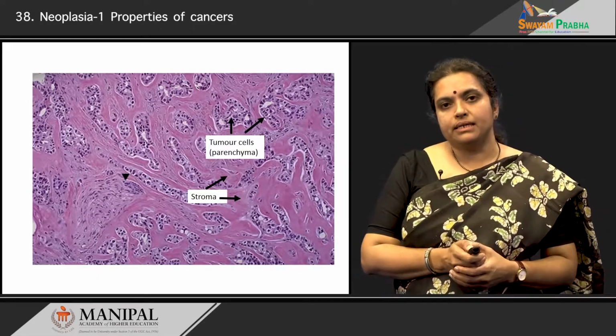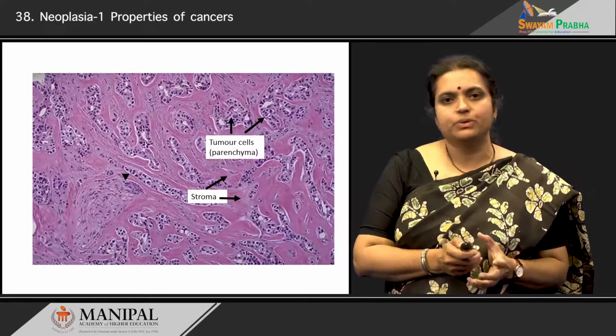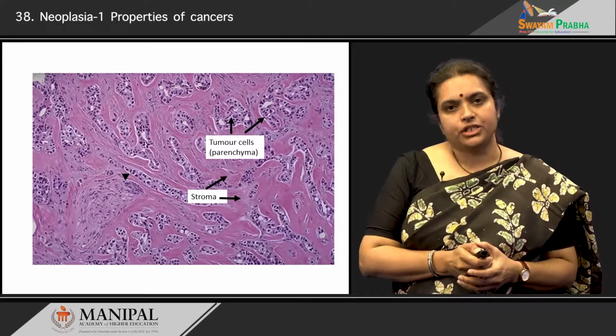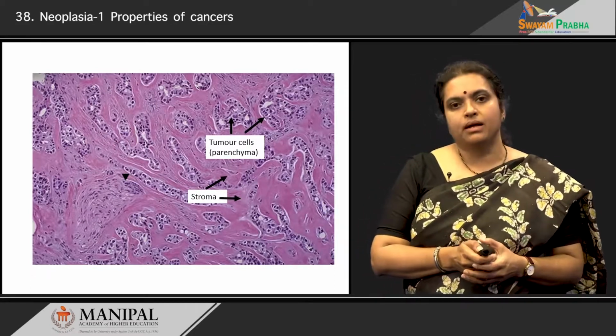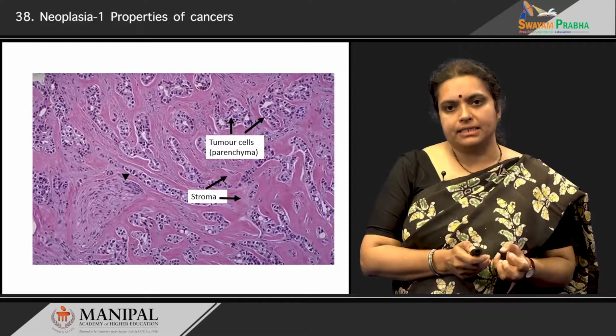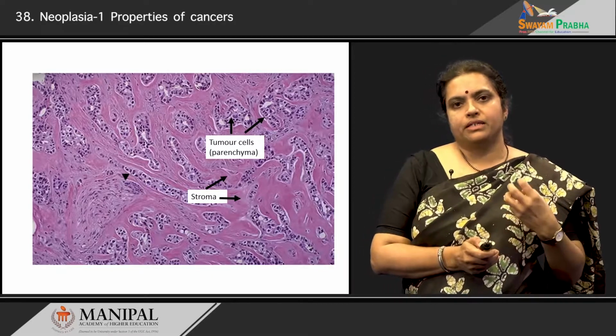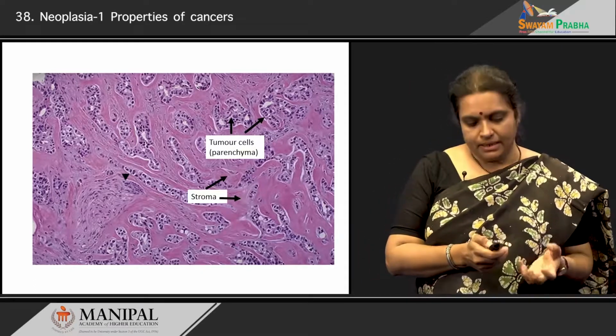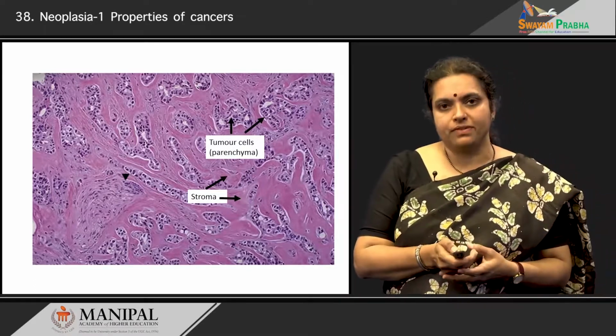So, what you see as the tumor cells is loosely known as the parenchymal cells, and the surrounding tissue is known as the stroma. The name for the cancer actually comes from the type of the parenchymal cells rather than the stromal cell. Now, I will give you examples of this as we move on.